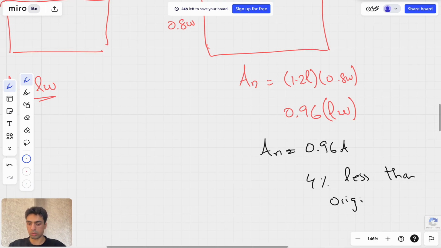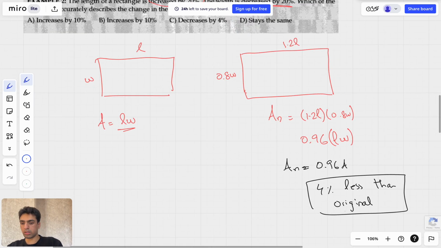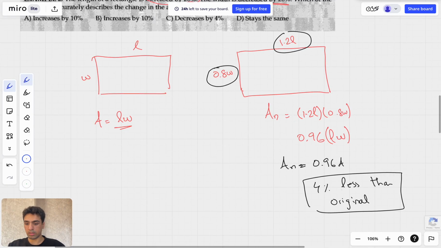So that's how you would depict this. If you increase the length by 20% and decrease the width by 20%, the area is going to be 4% less than the original.